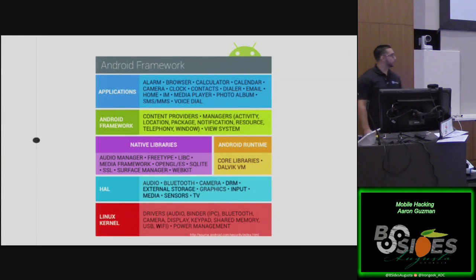So here's the Android framework, and I'm not going to talk through the whole stack here, but I'm going to focus more on the Linux kernel. What mostly separates a regular Linux kernel from an Android Linux kernel is the binder, which is for inter-process communication, and also paranoid networking.